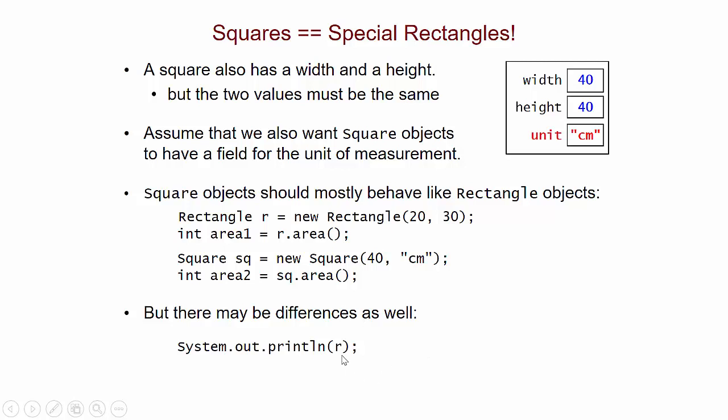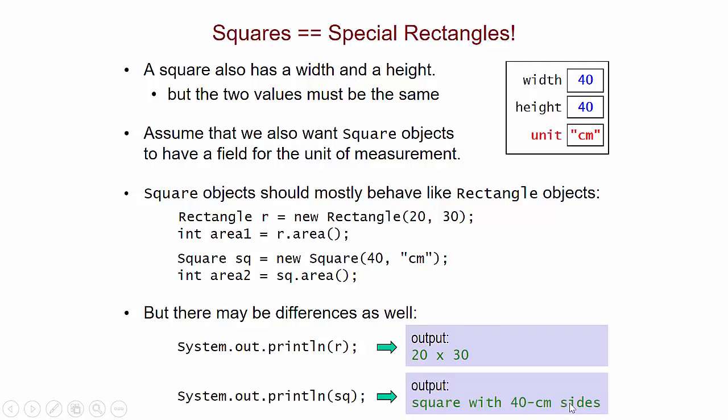So perhaps when we print a rectangle, we want to see the dimensions of that rectangle. But when we print a square, we want to see something different, including information about the units of the square. And so we can do all of this without having to completely redefine everything by taking advantage of inheritance.